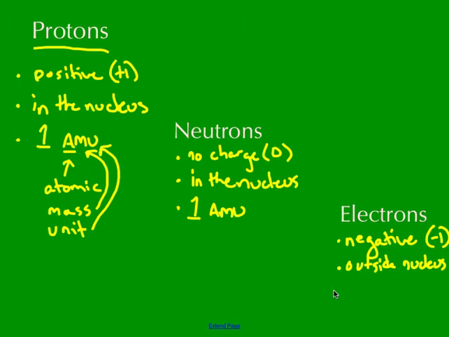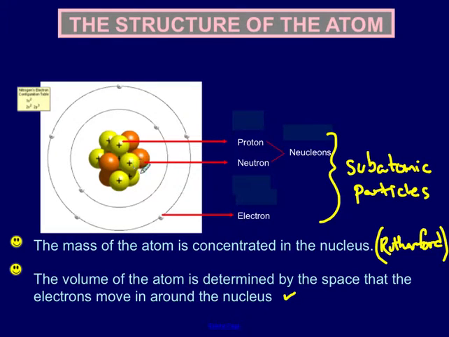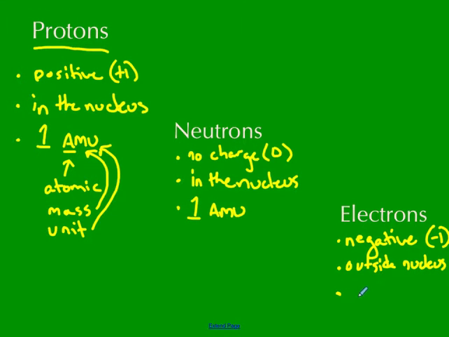Okay, and the last one, what is the mass of an electron? Yeah, actually, if you look at the picture, and if we went back a slide, you would see that they tried to do it a little bit here, but notice the size of a proton and neutron compared to an electron. So electrons are really tiny, and they actually are about 2,000 times smaller than a proton or neutron.